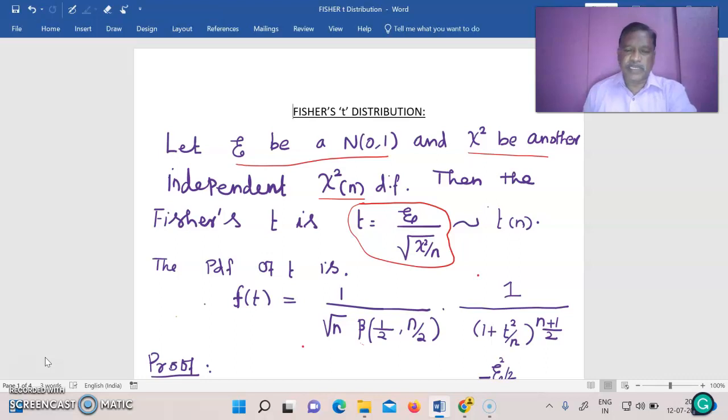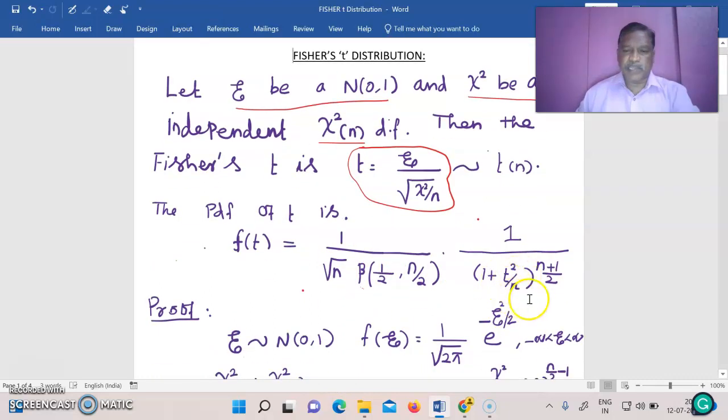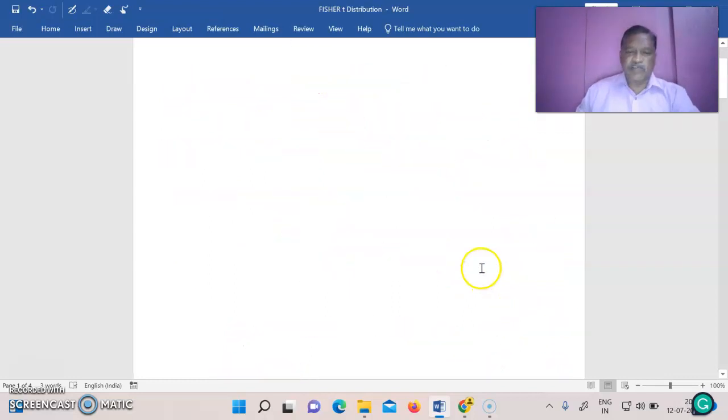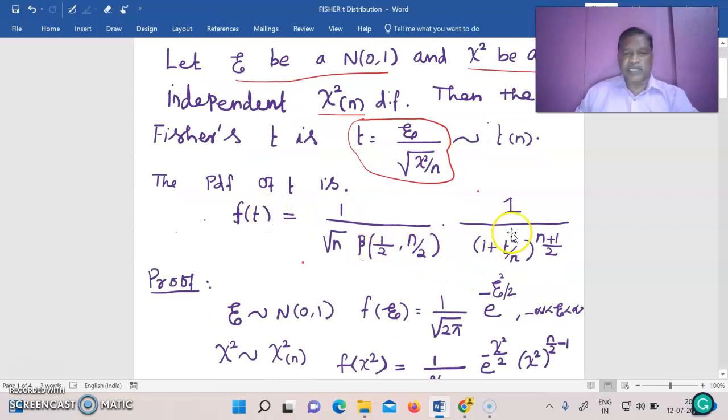With the probability density function of t, 1 divided by square root of n, beta of 1 by 2 comma n by 2, into 1 divided by (1 plus t square by n) whole power (n plus 1) by 2. So we have to prove this probability density function for this t.